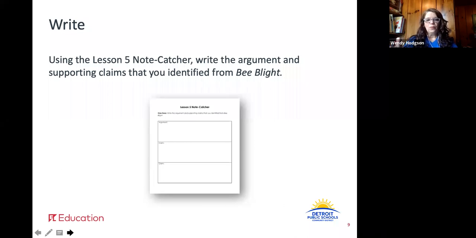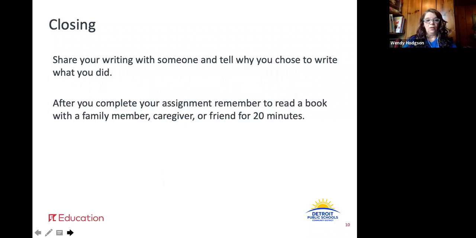So your argument and claims are going to be very focused on what they wrote about in this particular article today. We're going to spend lessons 5 today and 6, 7, 8, and 9 coming up all on this article of Bee Blight. And all the work you're doing this week will be used on another writing assignment at the end of the week.